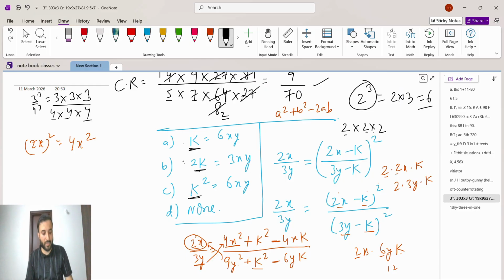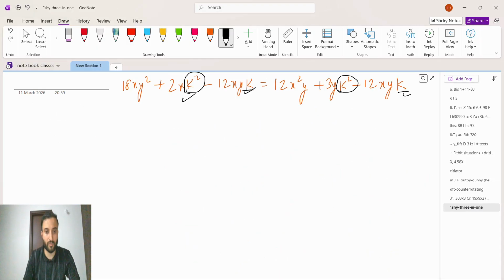So guys, very simple thing I will tell you. We will see the highest power. What is the power of this k? 1. What is the power of this k? 1. What is the power of this k? 2. So just check whether k square is present or not. Yes, k square is present on both sides, which means the highest power is k square.